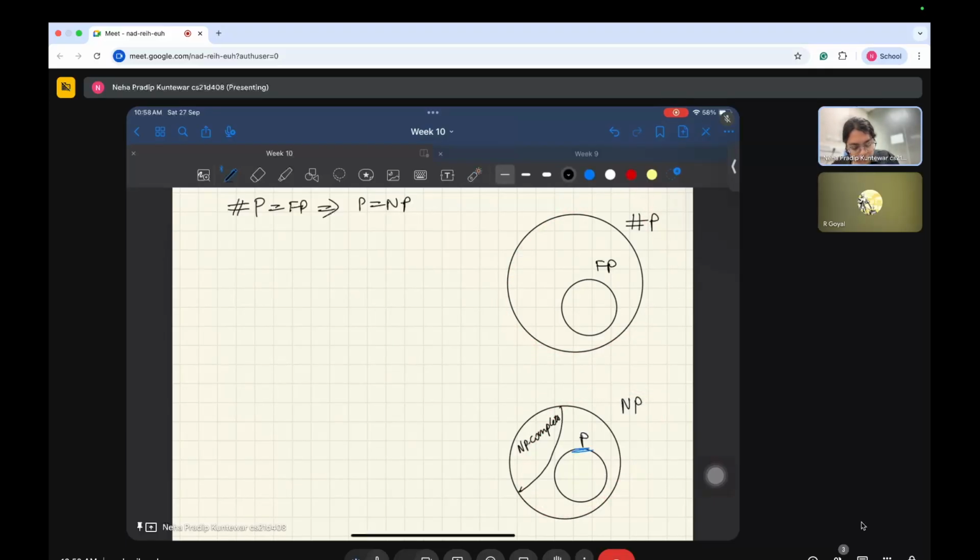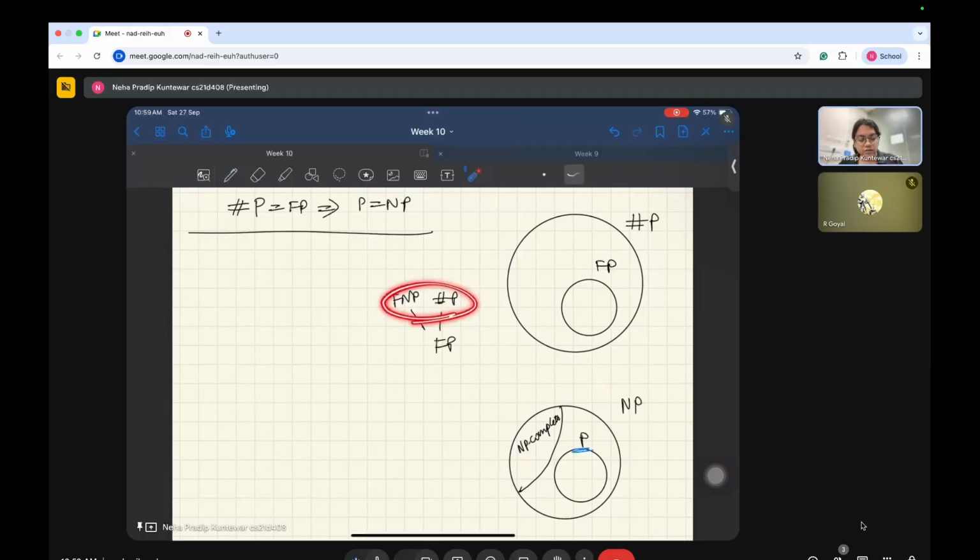Anyway, I have a query here: where does FNP fit in this diagram? Does this mean that FP is a subset of FNP? And FNP probably would be a subset of #P, and we do not know the boundaries. Like the picture that we drew, FP is here, FNP is here, #P is here.